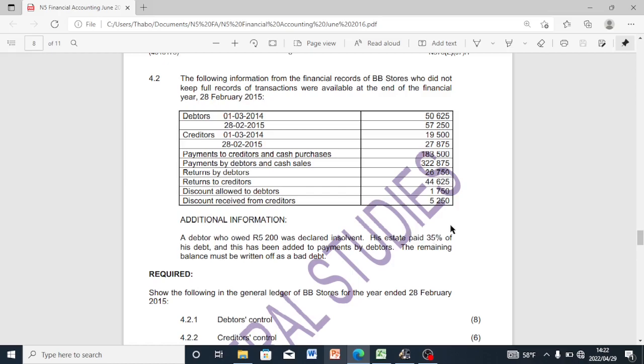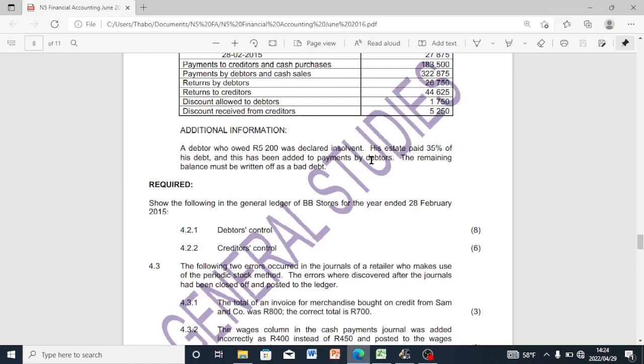What they mean is that 35% of this amount of 5,200 has already been added to this amount, which is 322,875.